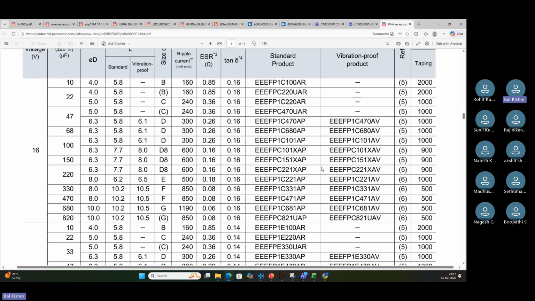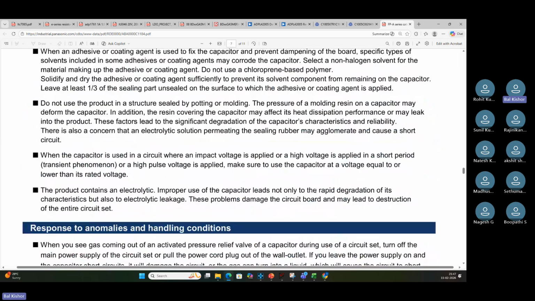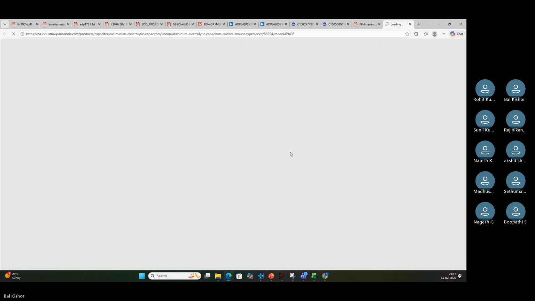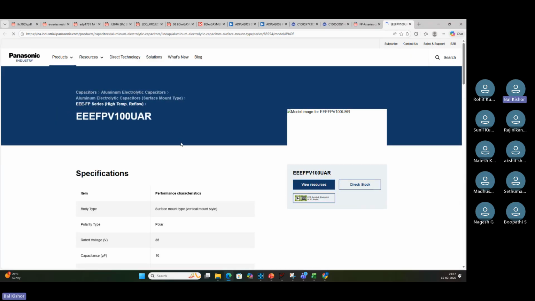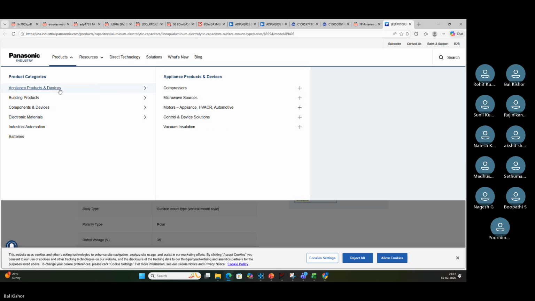So these are the voltage rated capacitors. Okay. Now let me take you to the product page here. Panasonic is one of the most important companies, a very nice company for capacitors. So you can directly go ahead to the home page, and you can see the capacitors.